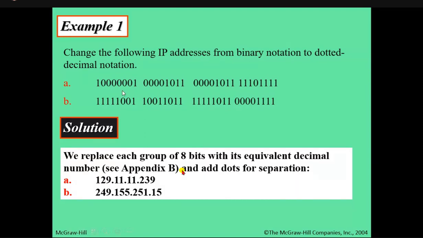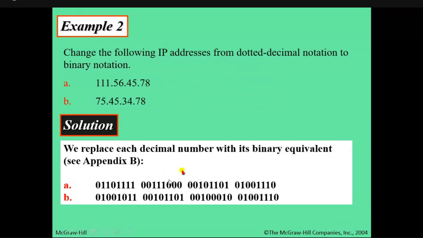We convert every 8 bits into decimal. So it is 129, 11, 11, 239, like that. The second one is 249, 155, 251, and 50. Same thing from dotted decimal notation to binary notation, very easy. You can do it.